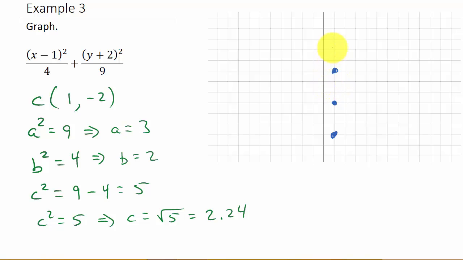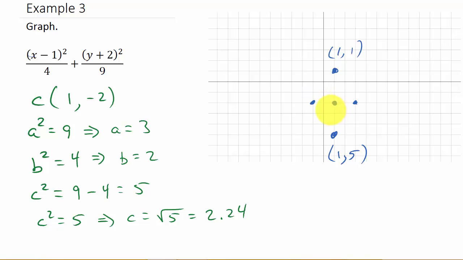This is the point 1, 1, and this is the point 1, 5. Now for our b, that's 2. Since b squared is under the x, that tells us how we move left and right. So b is 2, so we go to the right 2 units and to the left 2 units.